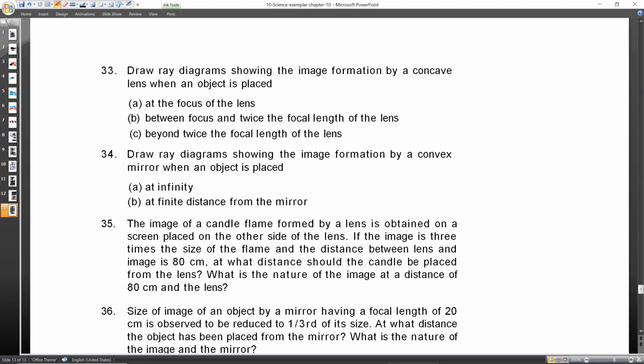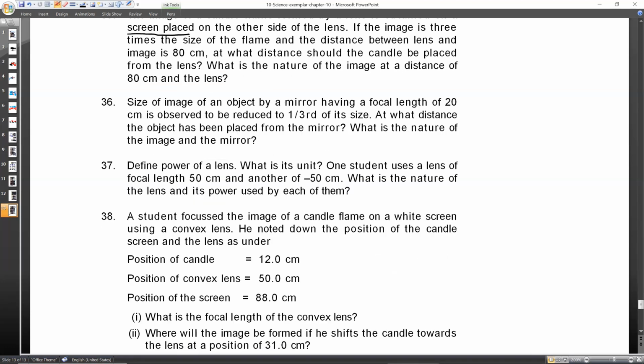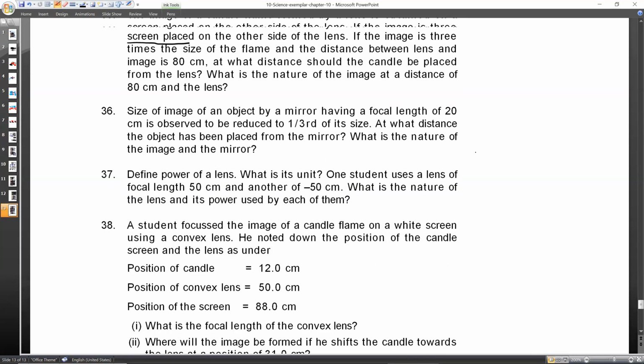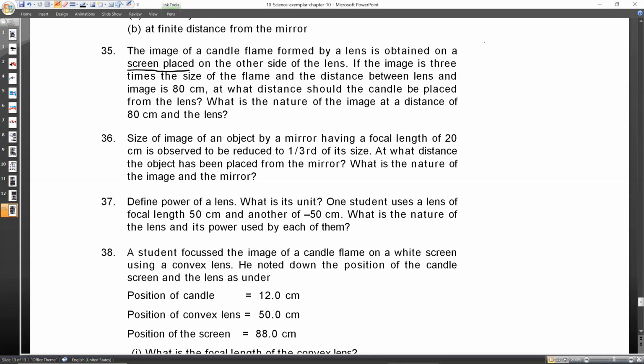Okay, first of all, it is obtained. The image of a candle flame formed by a lens is obtained on a screen. So what does it mean? If it is obtained on a screen, what information do you get? It is a real image. Now, on the screen on the other side of the lens, the image formed is always real.